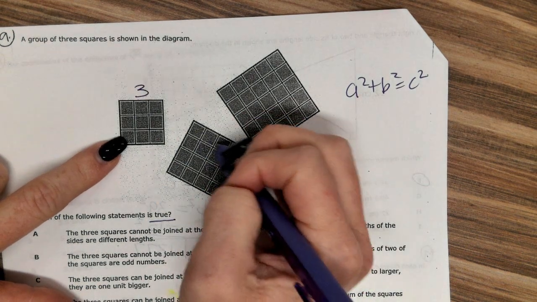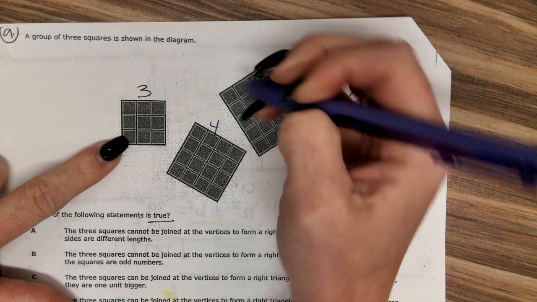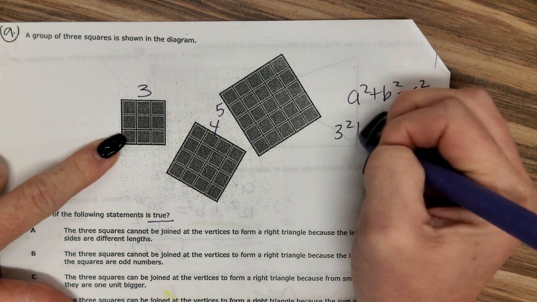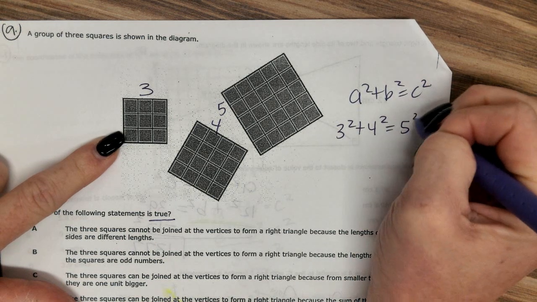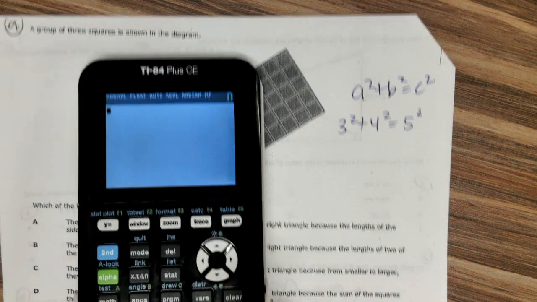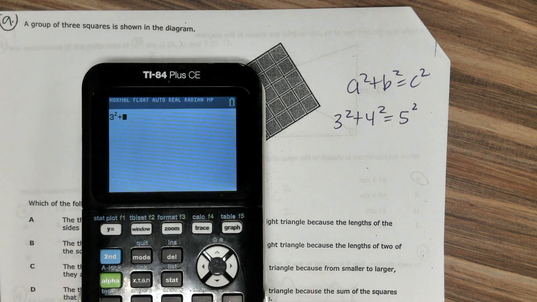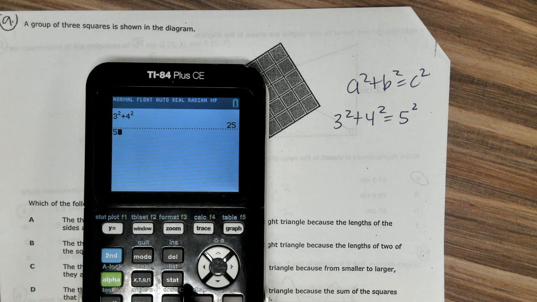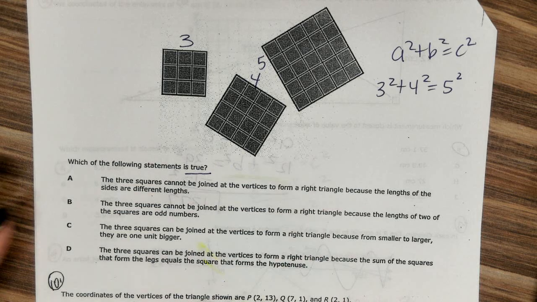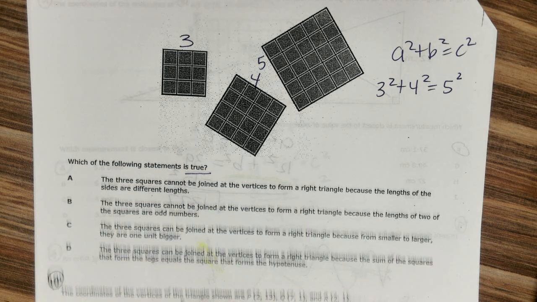How many units is this? 4. And how many is this? 5. So you're going to say, is 3 squared plus 4 squared equal 5 squared? And that's actually a famous right triangle of 3, 4, 5. So the answer is going to be yes, but let's go check it. 3 squared plus 4 squared, is it equal to 5 squared? Yes or no? Yes.